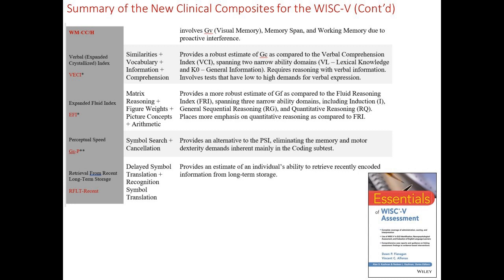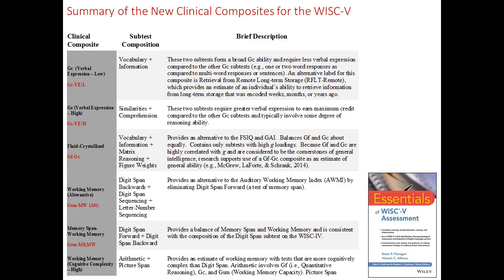subtest. And then there's delayed symbol translation and recognition symbol translation, which provides an estimate of the individual's ability to retrieve recently encoded information from long-term stores. And so that particular clinical composite can be compared to this composite here, the verbal expression low composite, which is retrieval from remote long-term stores.